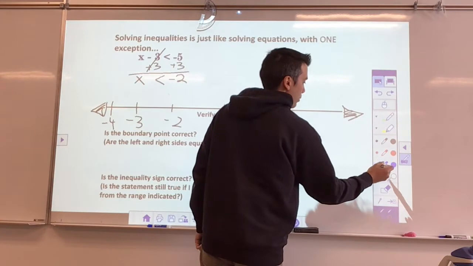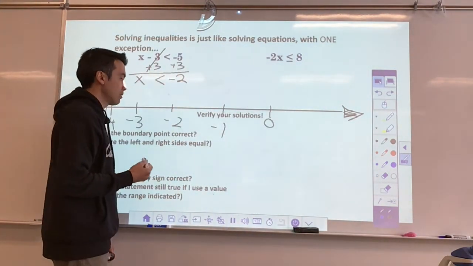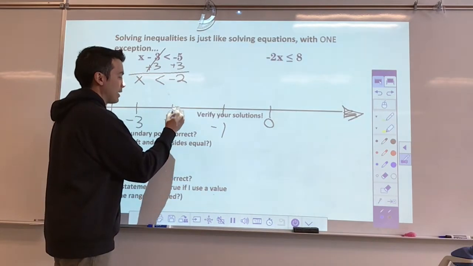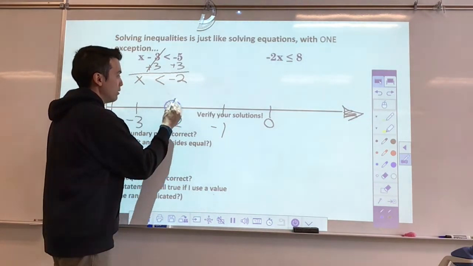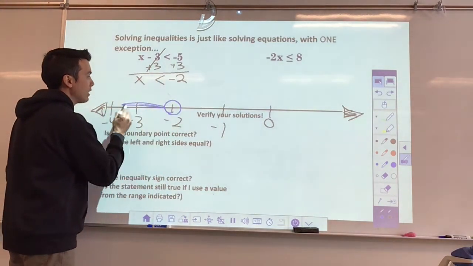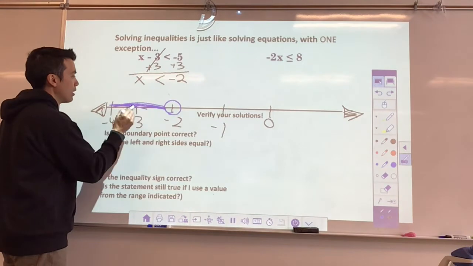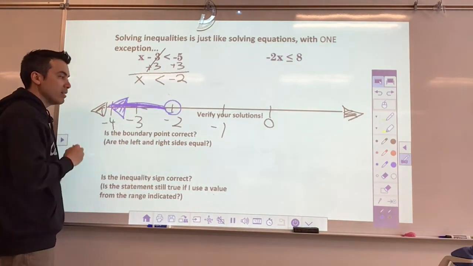Thinking about how we represented these graphically in our last topic, I want to put this boundary point at -2, and my values of x are anything less than -2. So I would draw an arrow pointing this way, showing that x is any number less than -2.